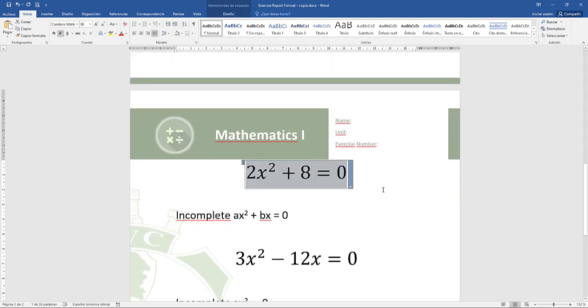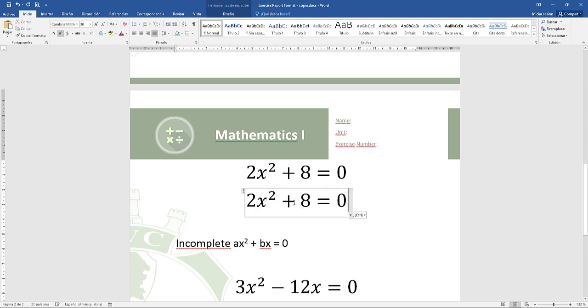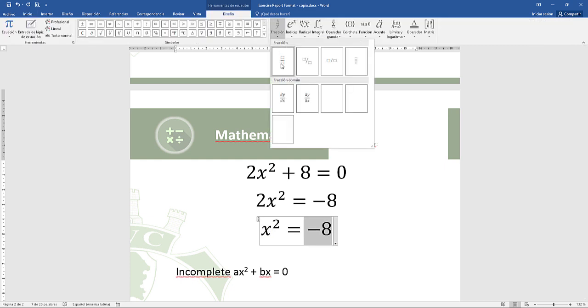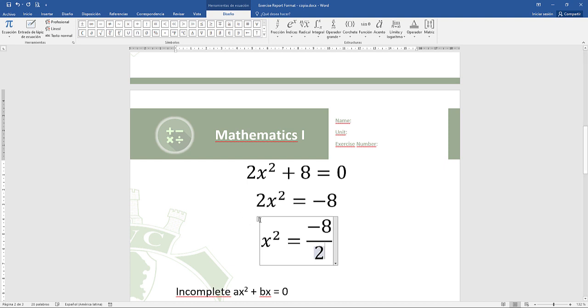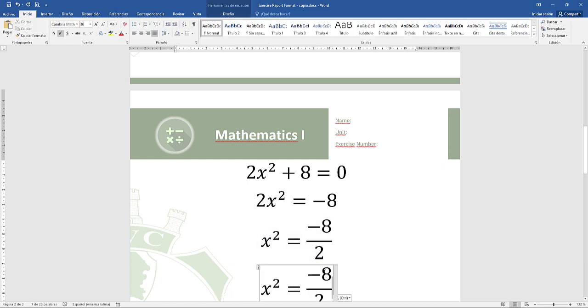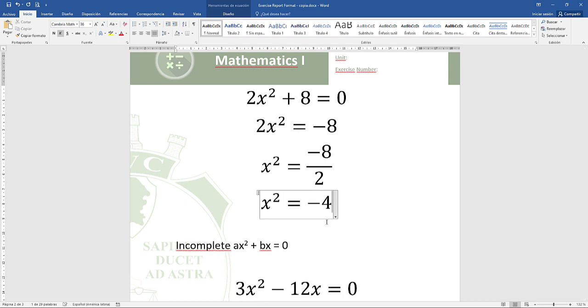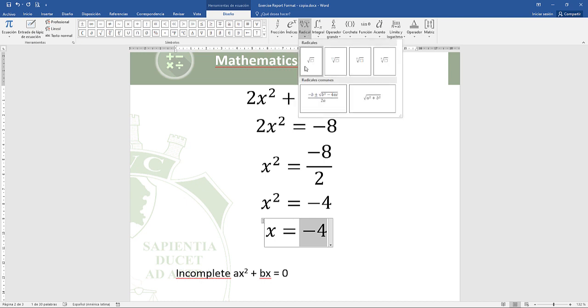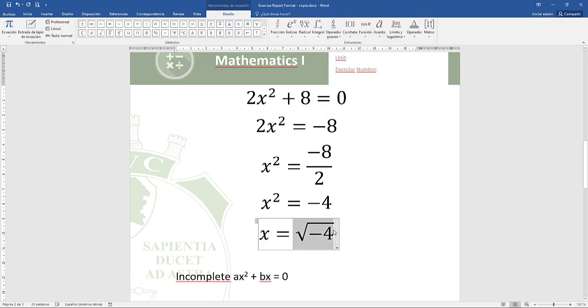Again, you need to clear or isolate the variable here, and again you need to pass to the other side dividing. Now you will pass that to the other side like a square root, and you have one problem with that.